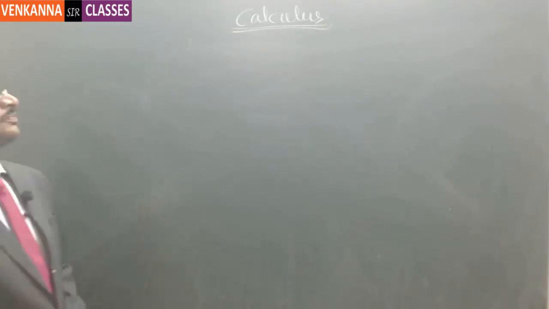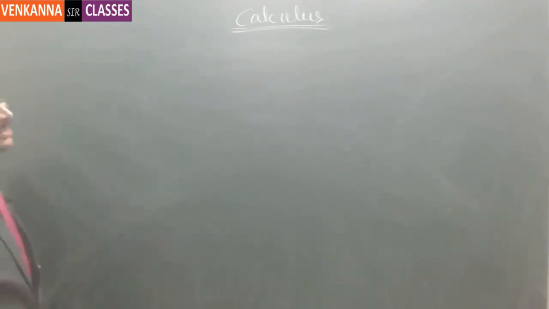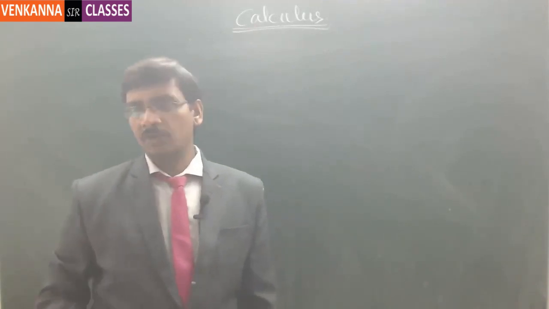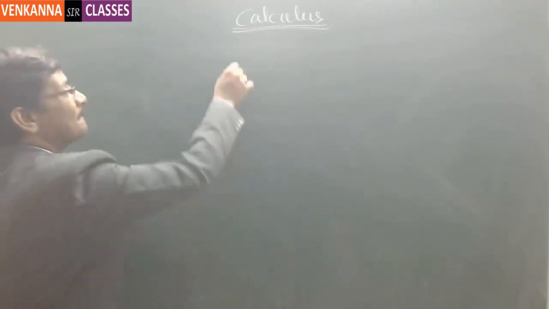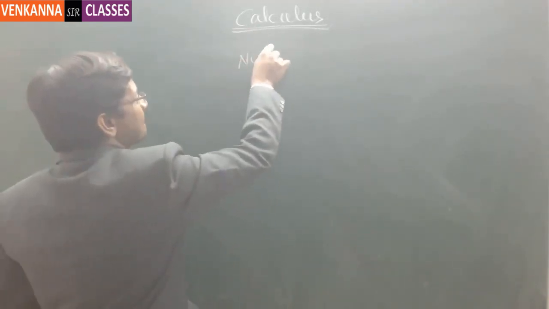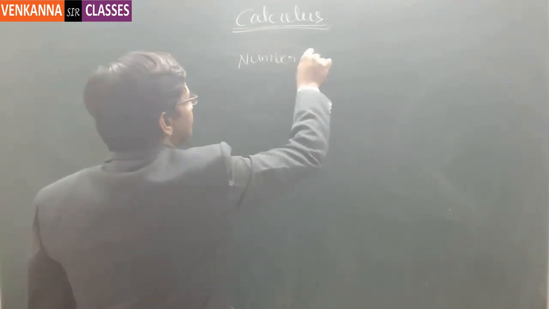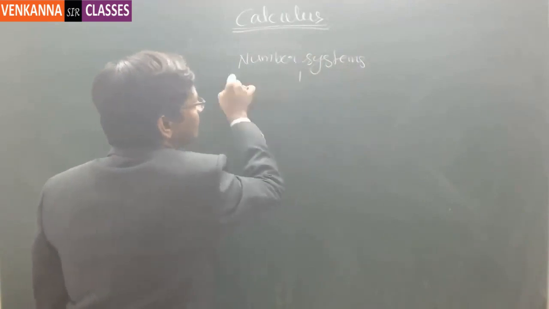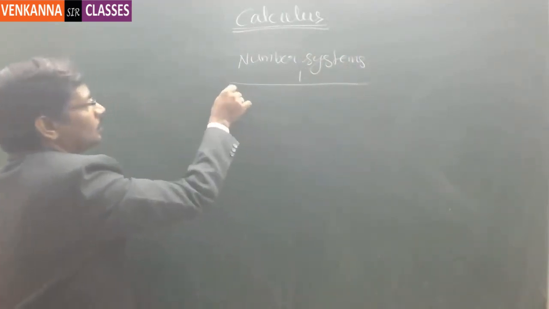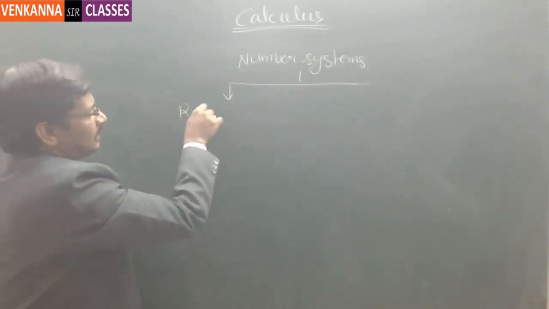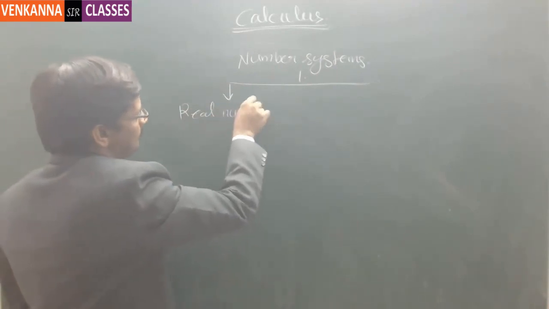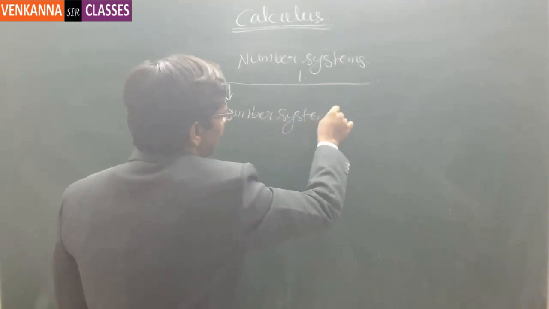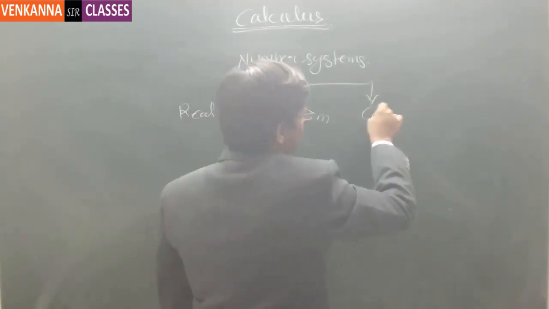So here, in our number system, right? In total, how many number systems do we have? To classify broadly, we have only two number systems. One is the real number system and the second one is the complex number system.